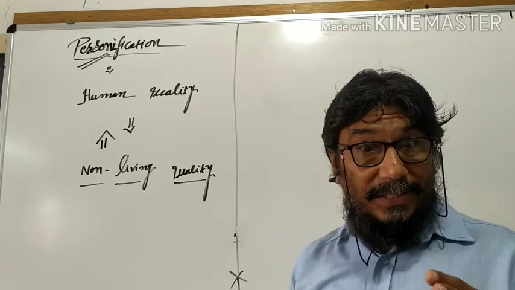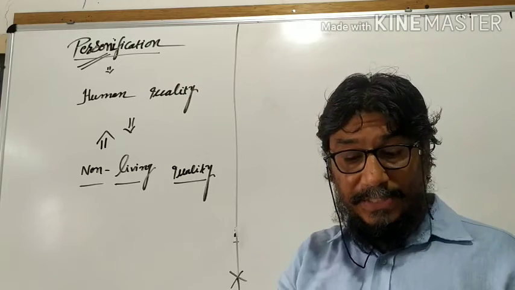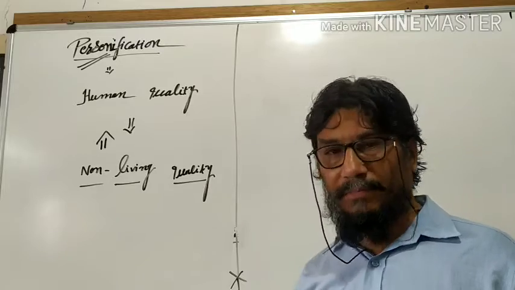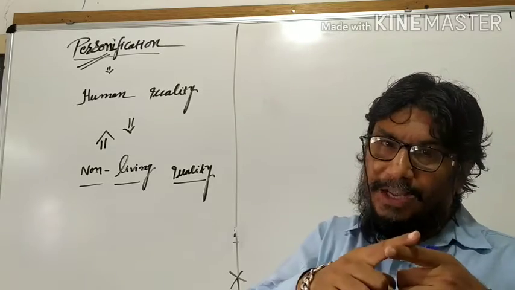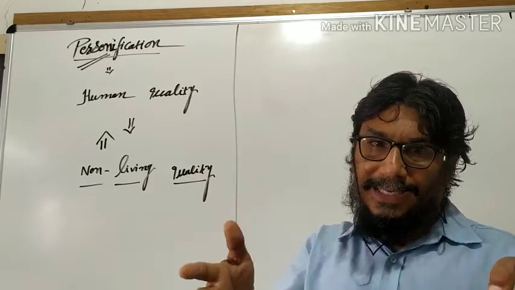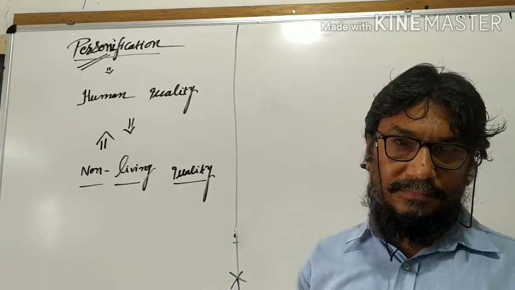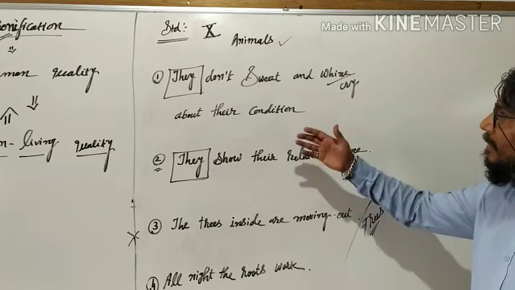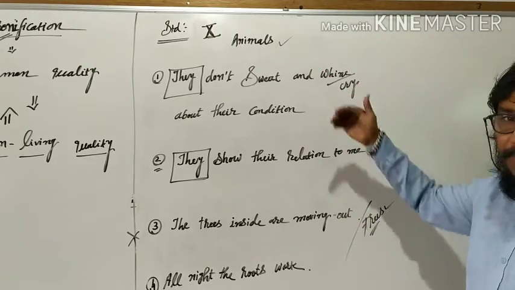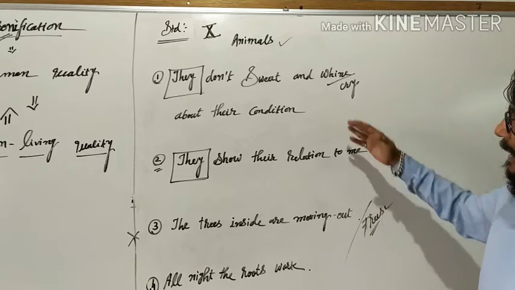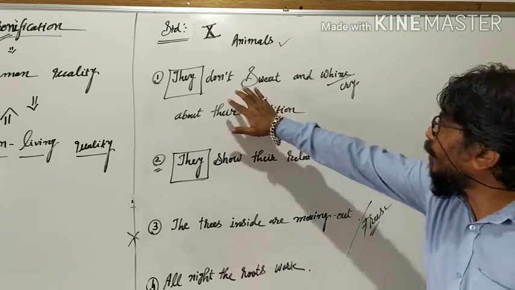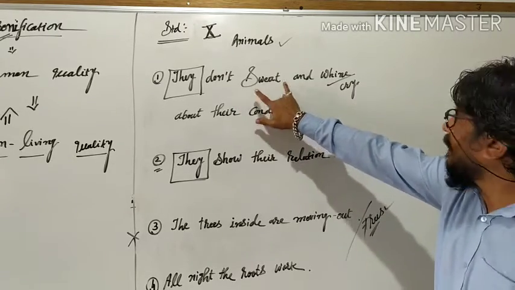You see, this is what? If it is living, the characteristic would be of non-living. Reverse: if non-living is there, the characteristic would be with the living. Got the idea? You see here, from your poem Animals and from your poem Trees, I have taken two sentences to explain the figure of speech personification. You see here, they don't sweat, they don't whine.